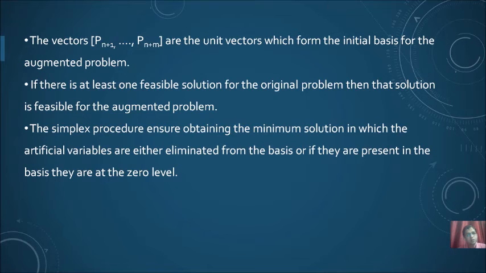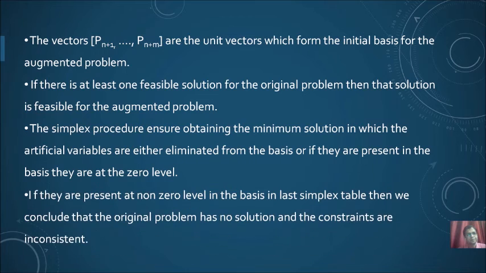If this is not possible, the given problem has no solution. We will discuss that in the next slide also. If they are present at a non-zero level in the basis in the last simplex table, then we conclude that the original problem has no solution and the constraints are inconsistent.